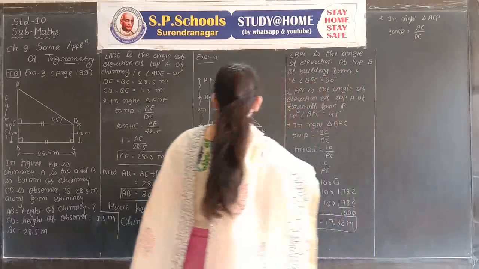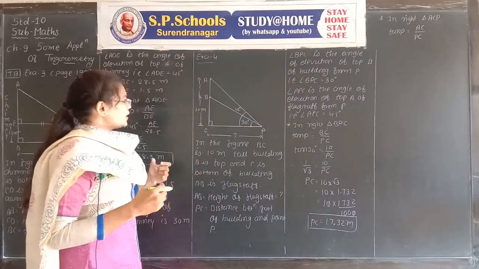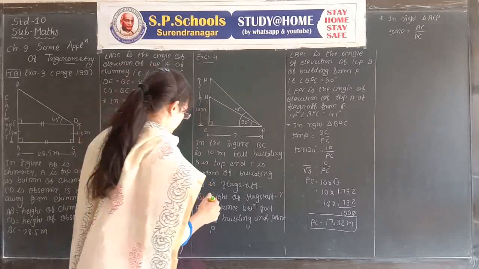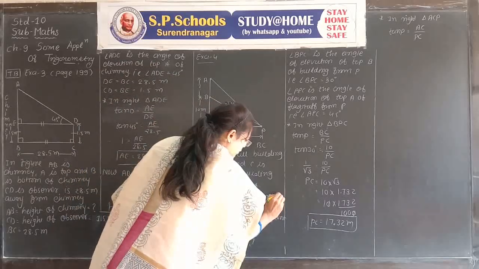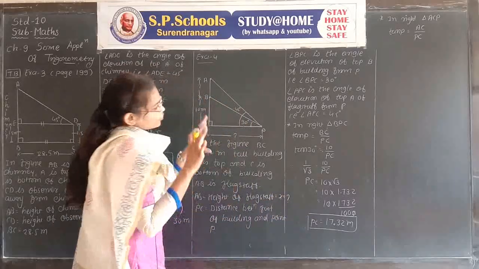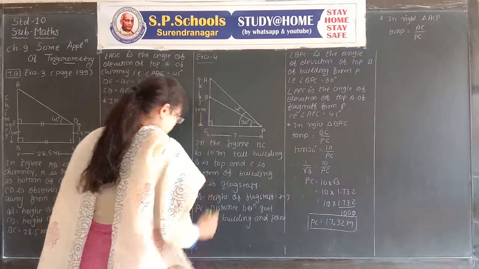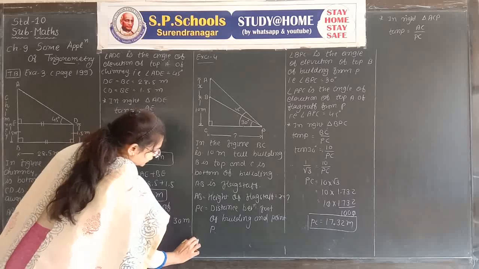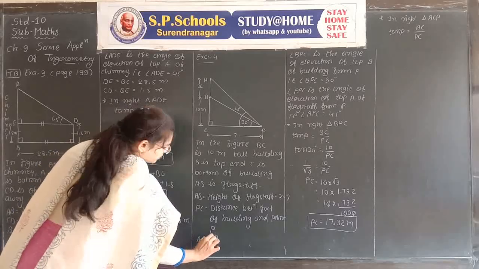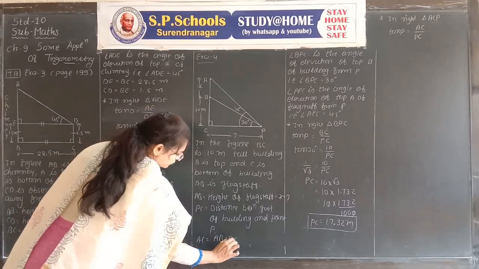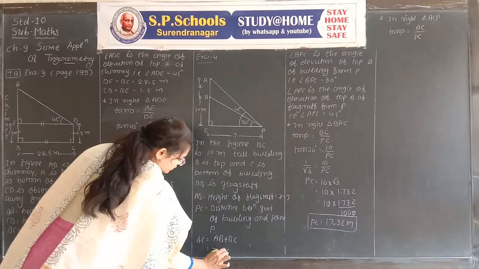Now do we know AC? No, we don't know AC. You have to take AB as x, the height of flagstaff. Then AC is equal to AB plus BC, which is x plus 10.